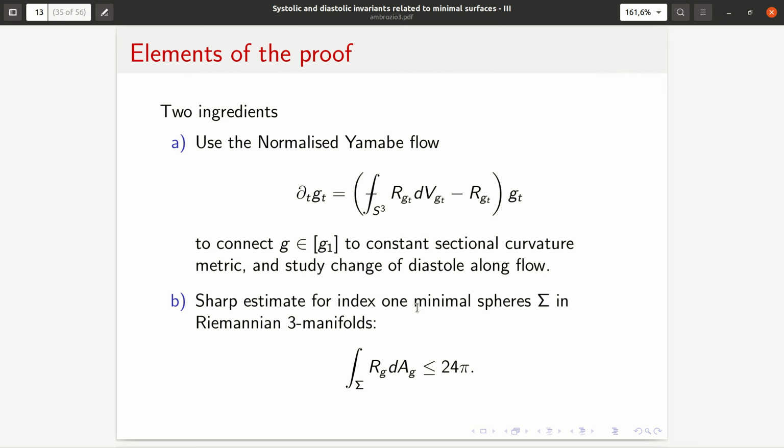So this inequality is somehow sharp. And well, these are the two ingredients. Maybe I will leave the discussion about how they appear in the proof to the Q&A session. And now I want to move on.